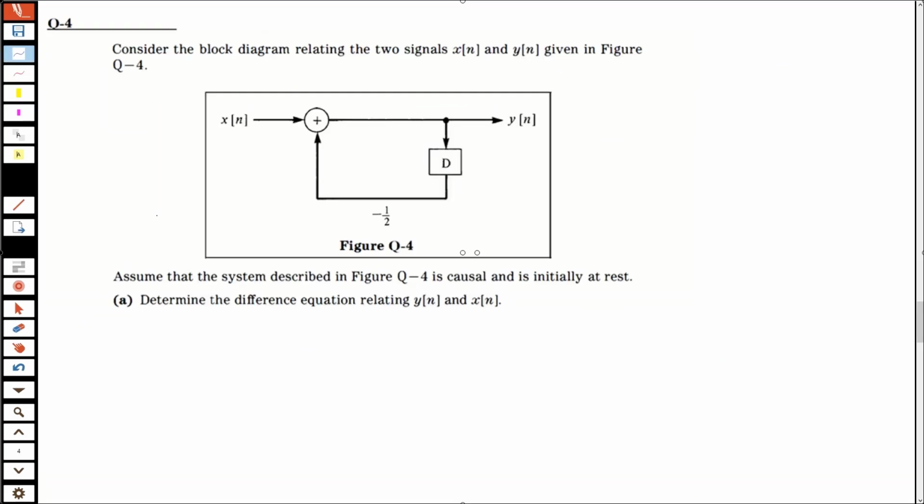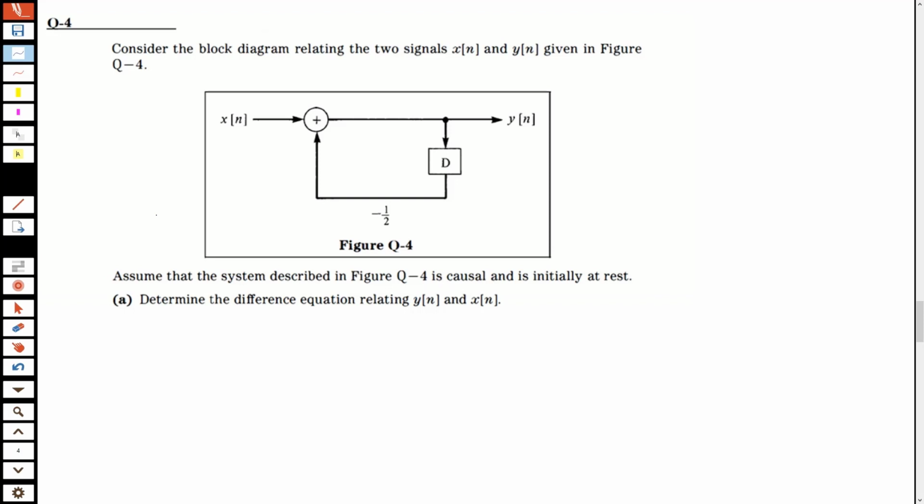Moving to question 4. Consider this block diagram that relates two signals x and y, and we need to assume that the system described by this figure is causal and initially at rest. That means initially there is no output for any input, there is no input rather, and that the fact that it is causal.